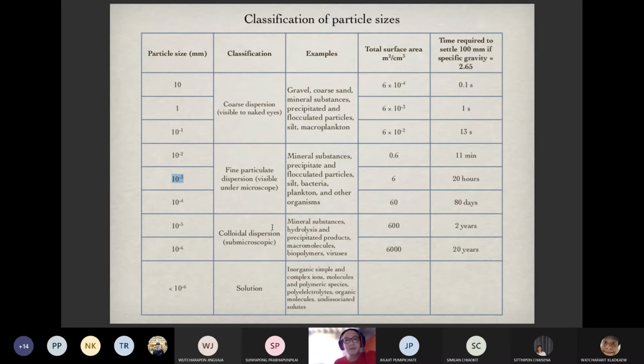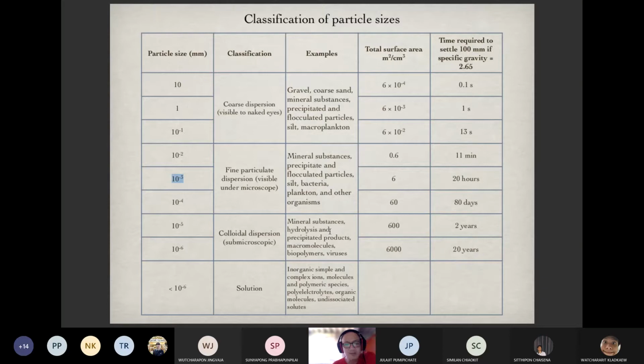But the colloidal particles are even smaller than the bacterial cells. So the size is nano size, 10 to the power of -6 millimeters, or 10 to the power of -9 meters. So the nano size, for example, some mineral substance.